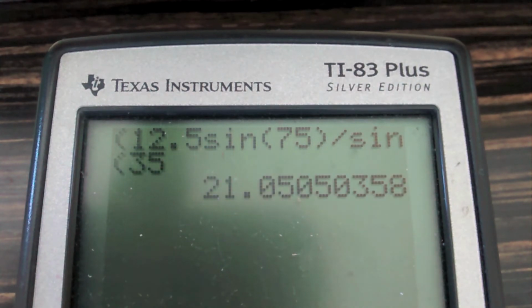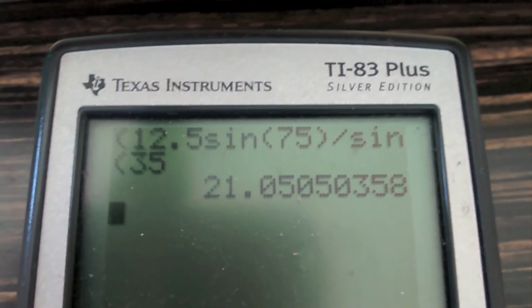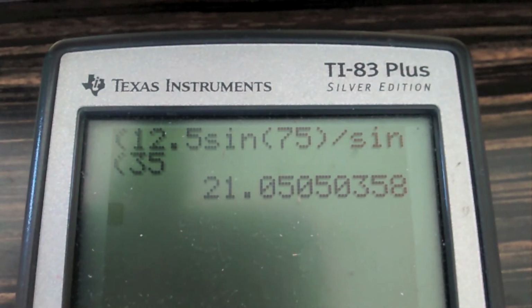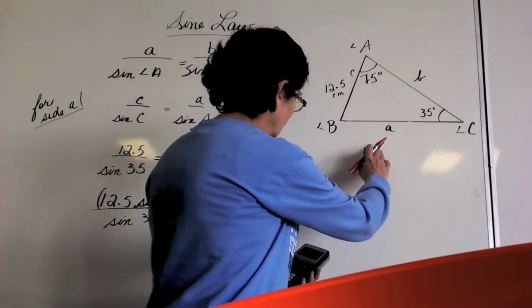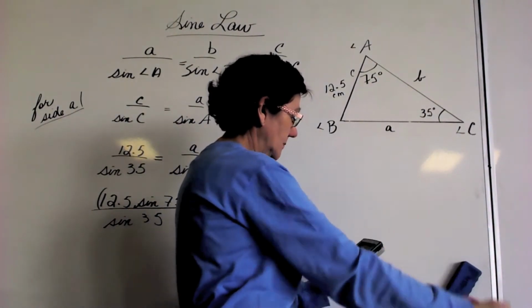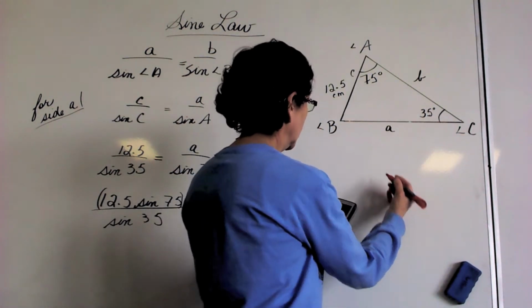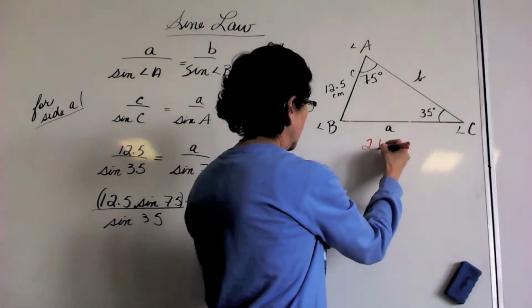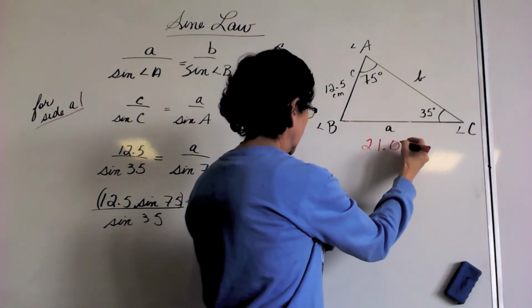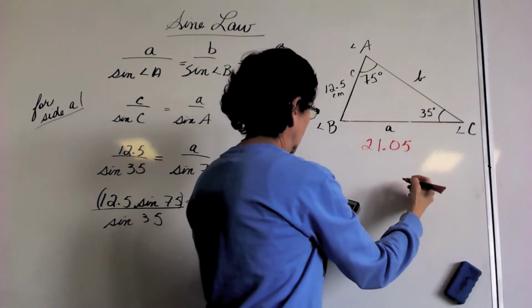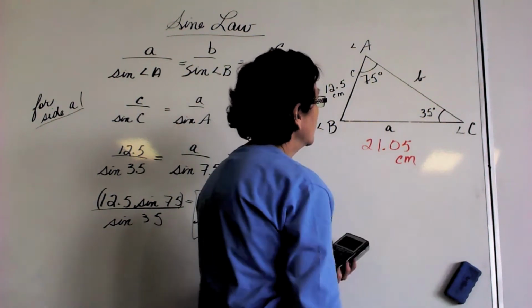Enter, and there we have the unrounded answer: 21.05050358. We're going to round to the hundredth, and let's put that value on our diagram, 21.05, and units of measure, centimeters.